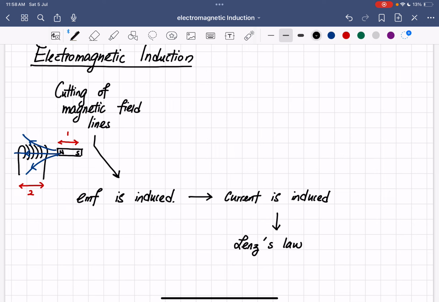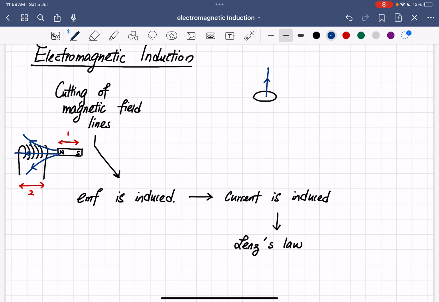Another possibility is when you have a coil, we usually have some magnetic field lines in it. Let's say I have some field lines in such a coil.